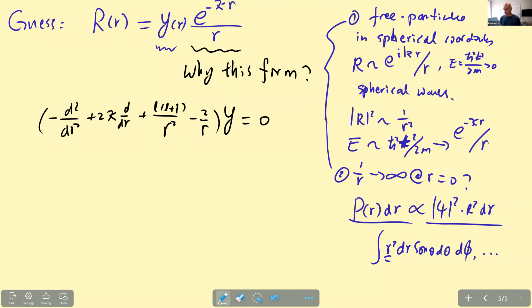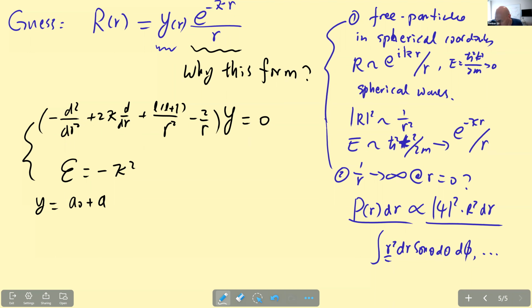So we find the energy will just equal to minus kappa squared. Okay. Right. So by inserting this one into the Schrödinger equation, we got this equation.